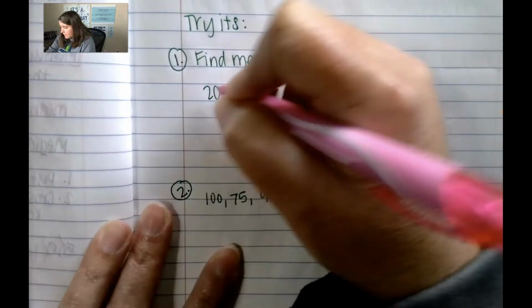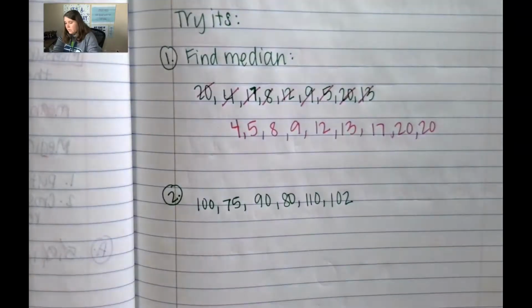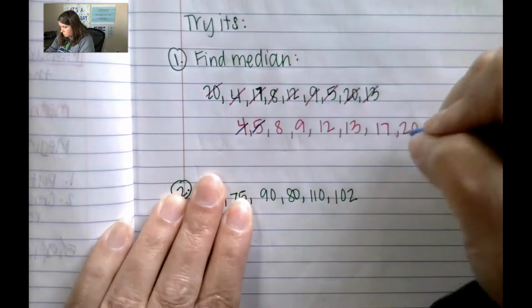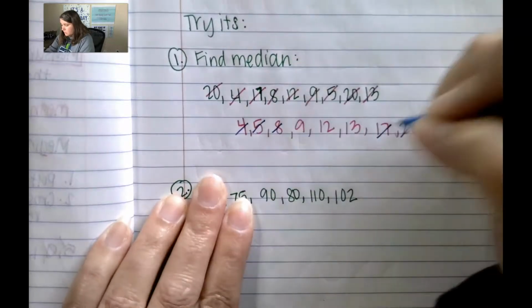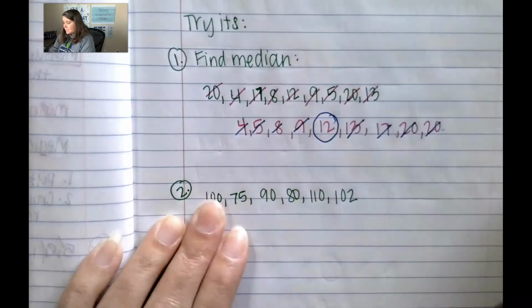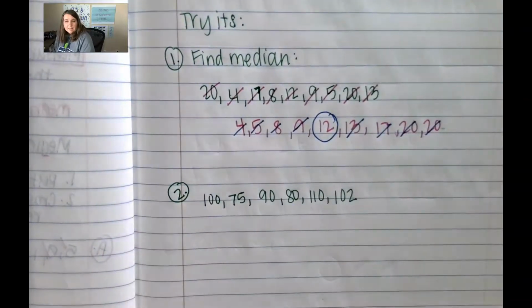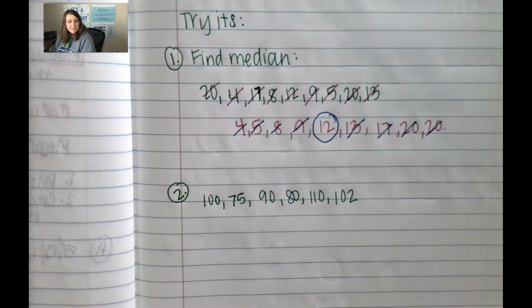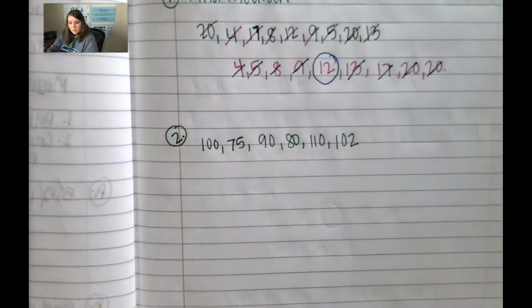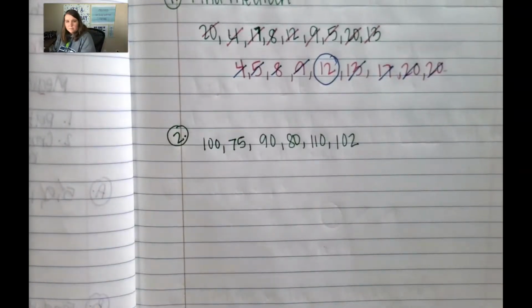Okay, so now we're going to count from end to end to find the median. So 1, 1, 2, 2, 3, 3, 4, 4, and the median is 12. So our median is 12. How did you do on that one?